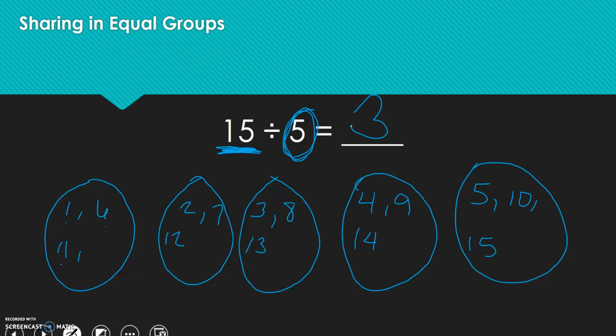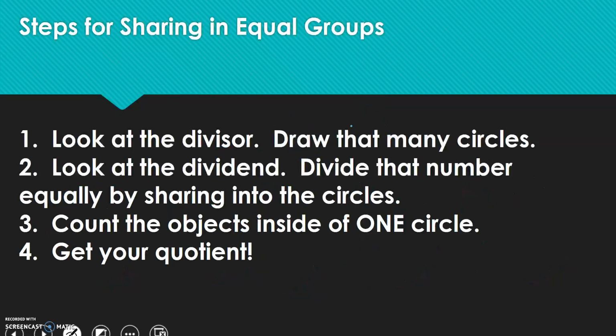So let's review the steps of dividing by sharing in equal groups. So first you look at the divisor. That's the second number in the division problem. So when we had 15 divided by 5, the divisor is that second number, and draw that many circles.